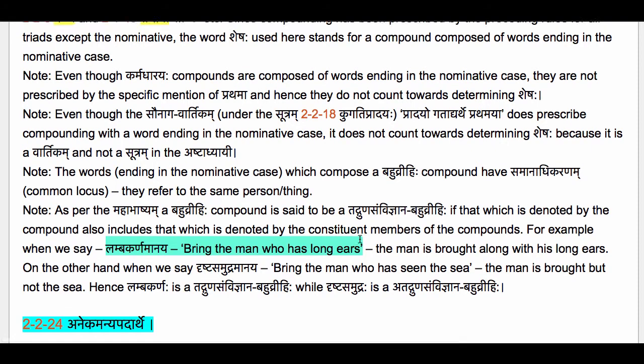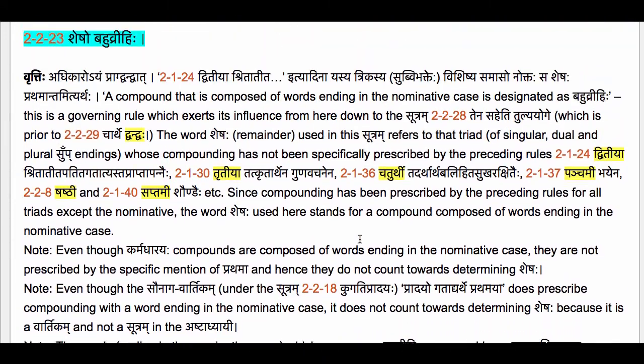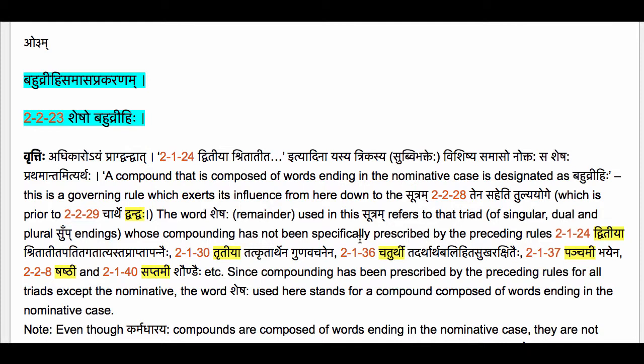Now we also have these compounds in the English language. For example, when we say red head, we mean a woman who has a red head. We don't mean the head itself, but the person who has a red head. Similarly, when we say blue collar worker, we are talking about the person who has the blue collar and not the blue collar itself.